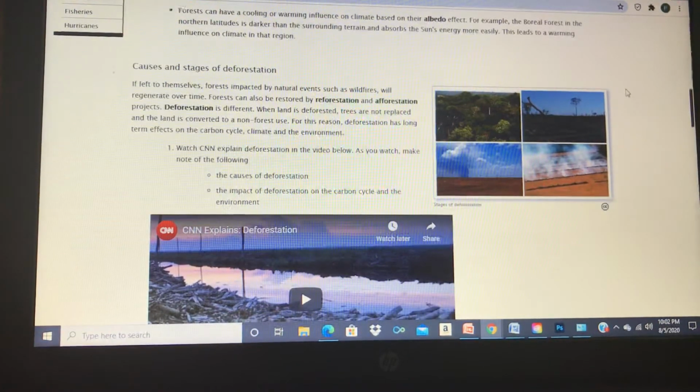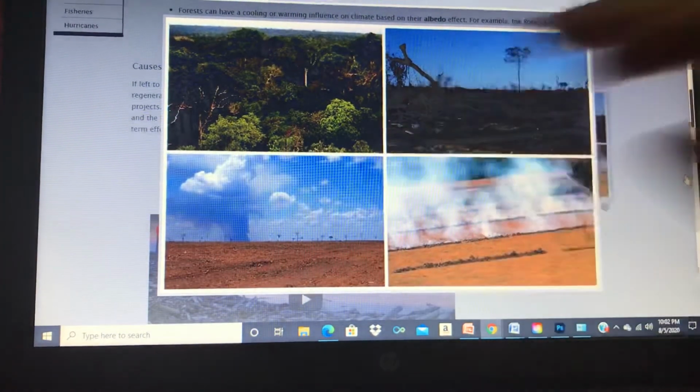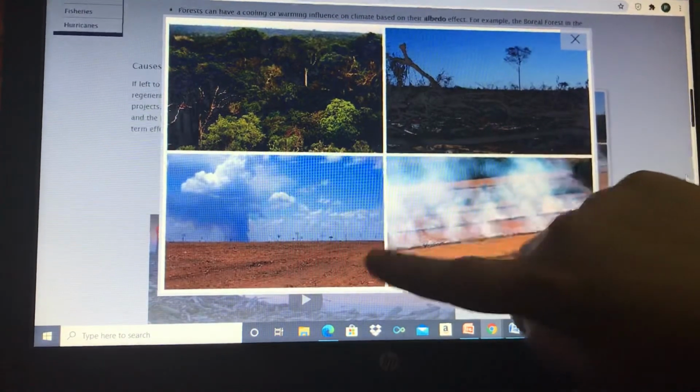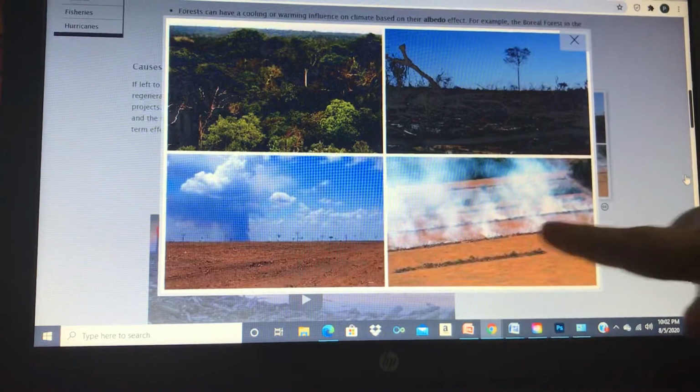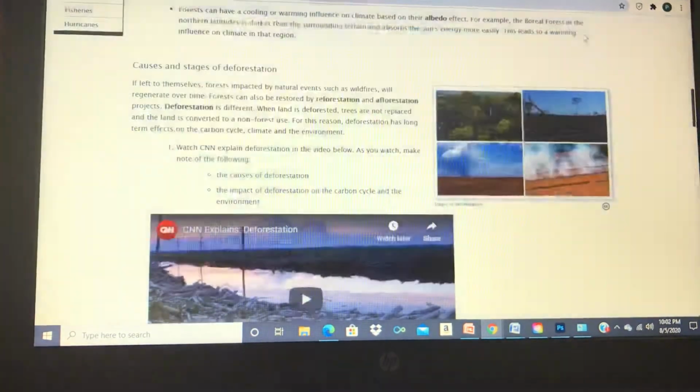Deforestation has long-term effects on the carbon cycle, the climate, and the environment. So let's just look here at this. You can see the different stages of deforestation. We have the trees, we have the cut down trees. It looks like they cleared the trees here and they have burned some of the trees.